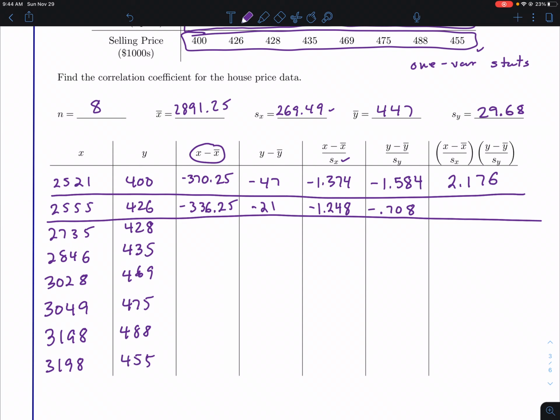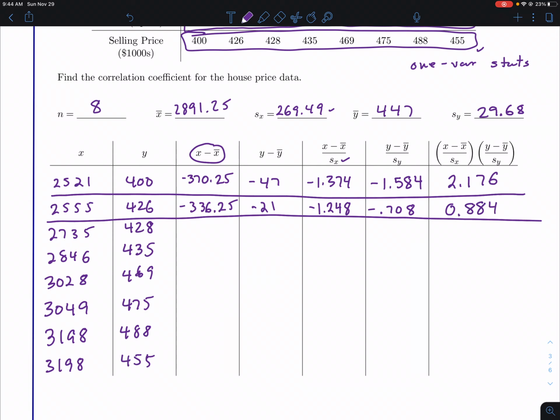Then multiply these two numbers together: negative 1.248 times negative 0.708 gives us 0.884.